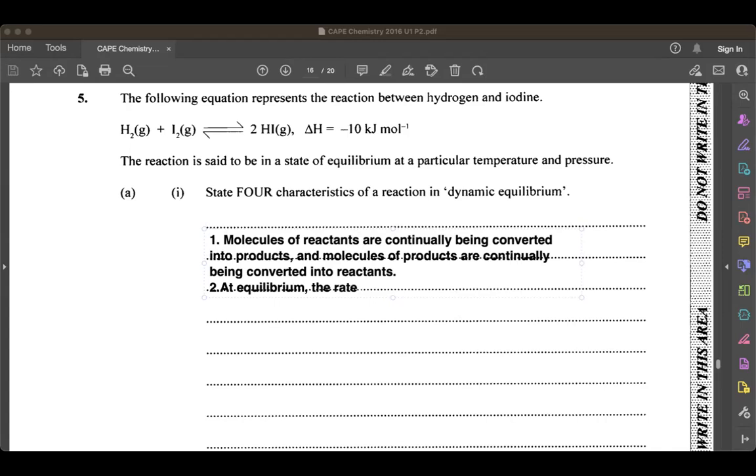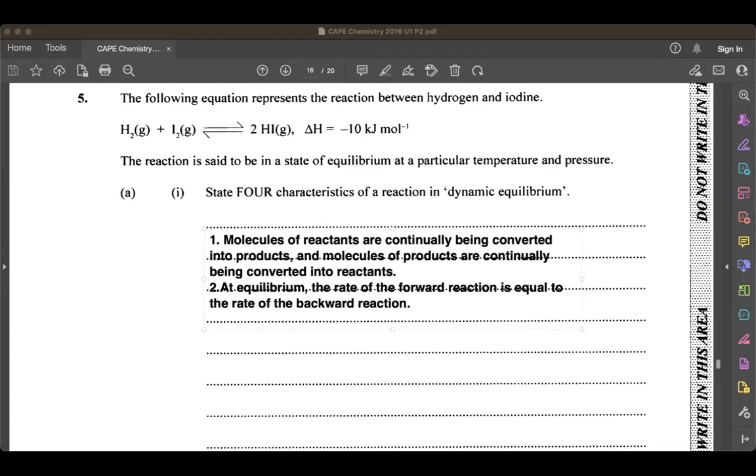Okay, so the second one is that at equilibrium, the rate of the forward reaction is equal to the rate of the backward reaction. Okay, so that's our second one.